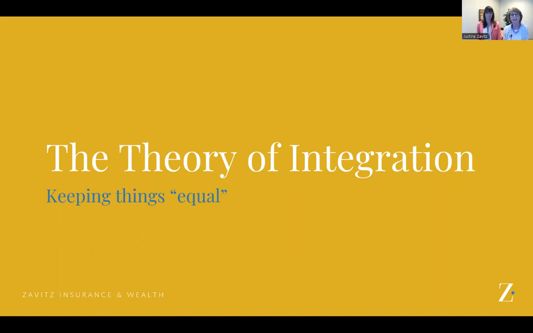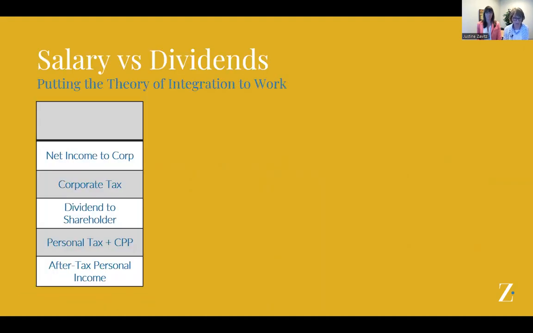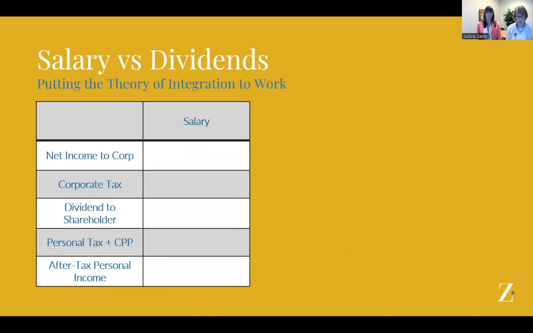Let's go through an example of earning $200,000. If you are incorporated and take a salary, the salary is considered an expense to the corporation and therefore is a deduction and no corporate tax is paid.